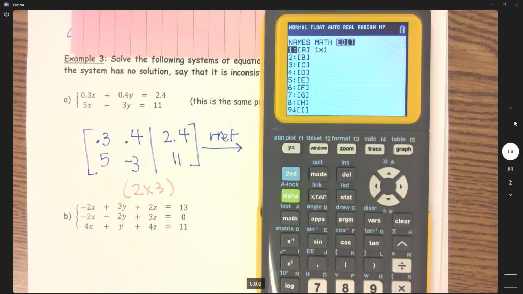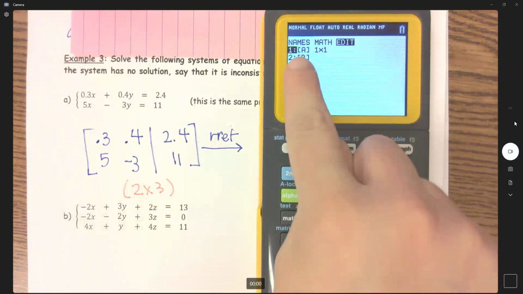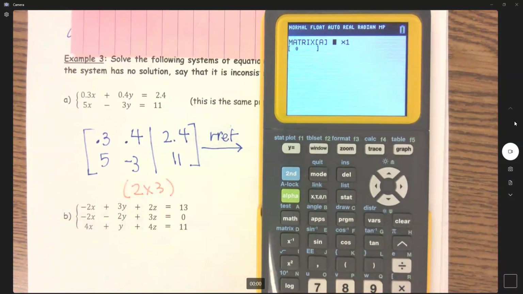I am always using matrix A. There is not a reason for any of us really to use B and beyond. If I'm not adding matrices together, if I'm not multiplying matrices together, then I am not storing any other matrices. So I am always going to matrix A. So once I'm over here on edit, it's already on matrix A. I'm just going to hit enter.